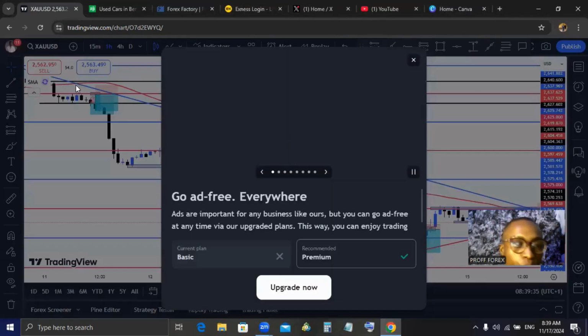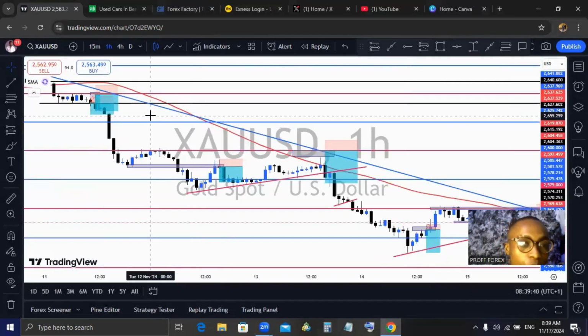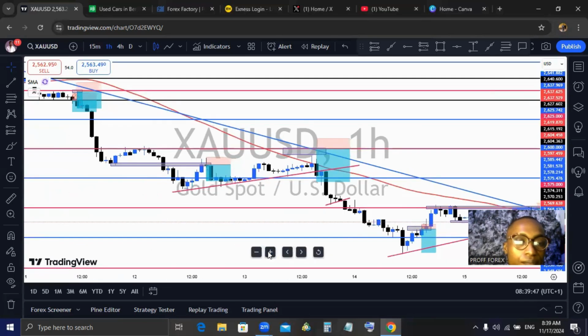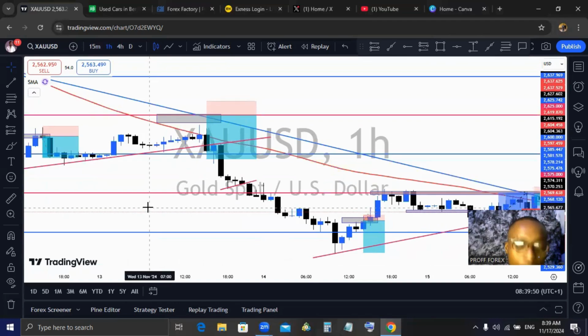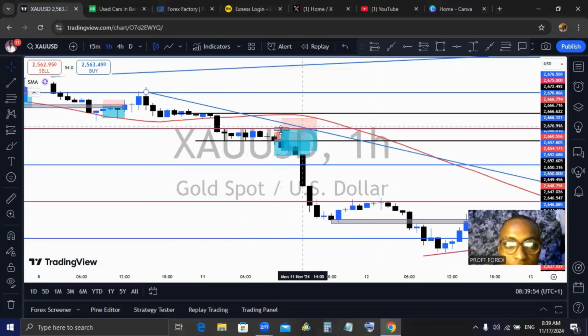And the chart just pulled up to this zone, this psychological level. Then I have to sell, I have to sell massively. So that was how I ended up selling this USD setup. Let me go to the 15 minutes time frame.